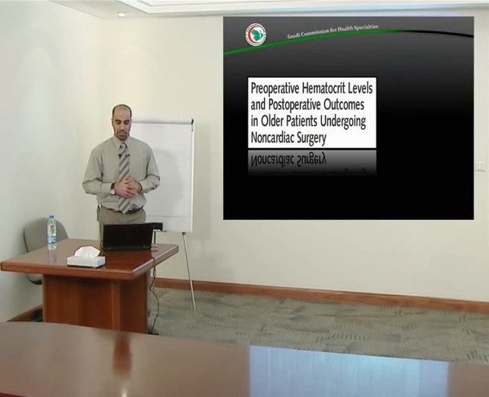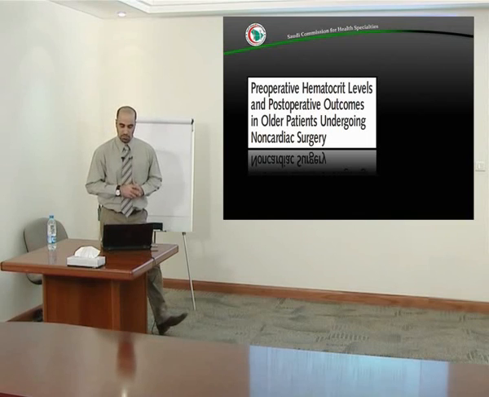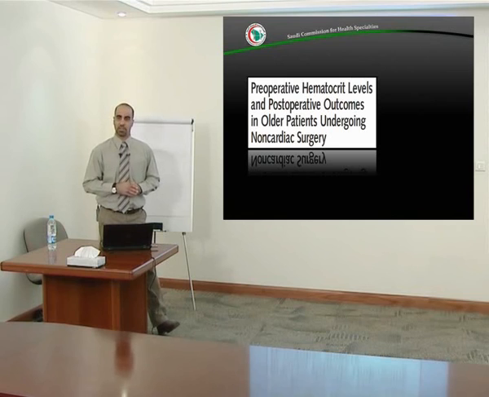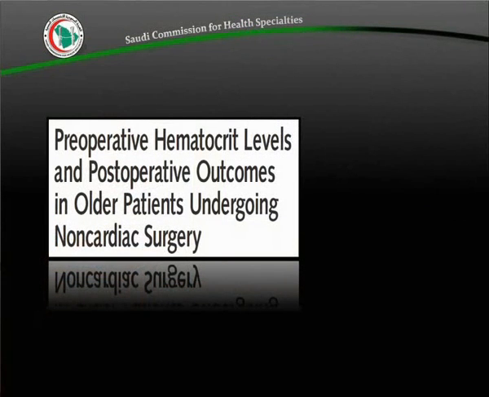First of all, the title, in this case, Preoperative Hematocrit Levels and Postoperative Outcomes in Older Patients Undergoing Non-Cardiac Surgery. There are so many things that we have to look for in the title of the article more specifically. In other words, the first screening point for your literature review is the title.